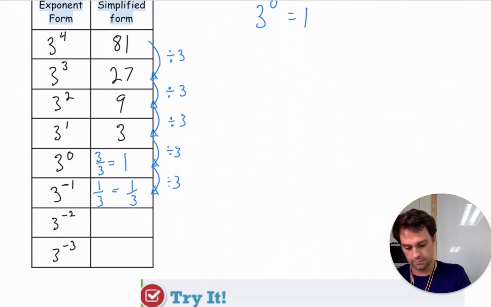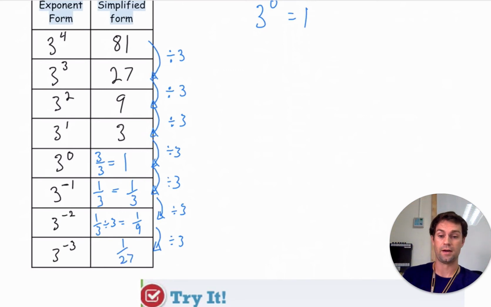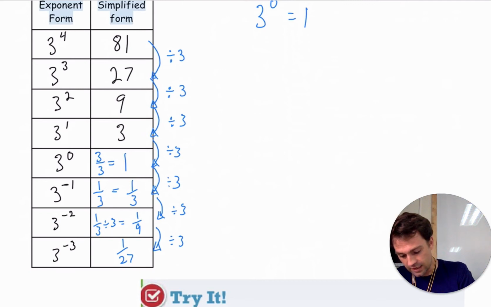The next one, divide by 3. 1/3 divided by 3 is the same as 1/9. And divide the next one by 3 is going to be 1/27. 1/9 divided by 3 is 1/27. Okay? It's the same as taking 1/3 to the power of 3.